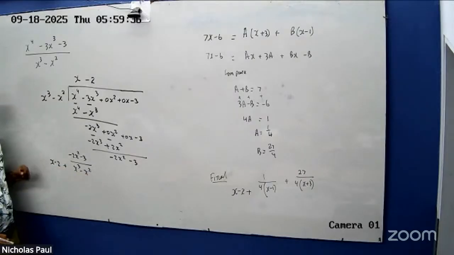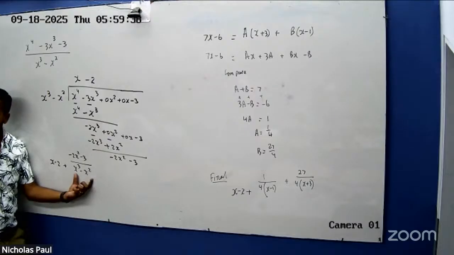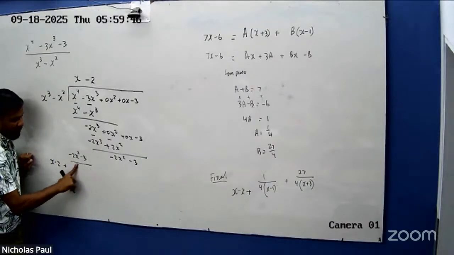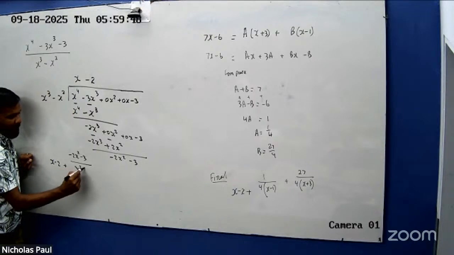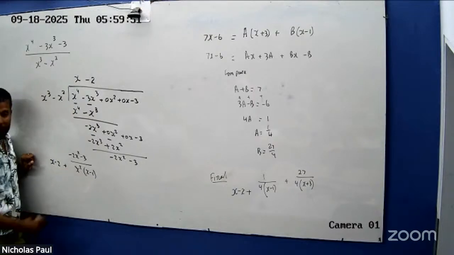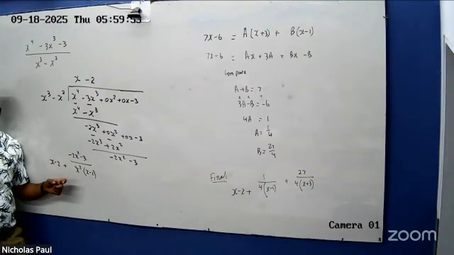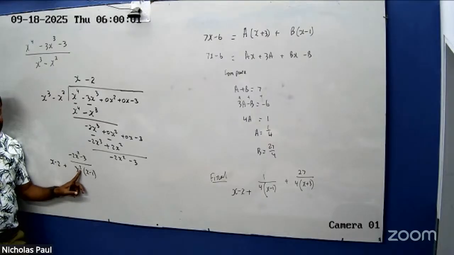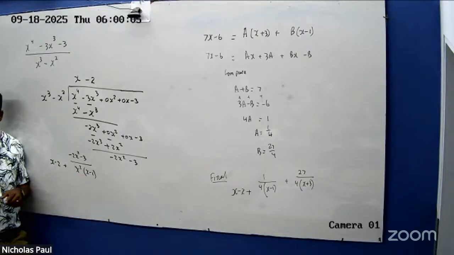Did I ever teach you a cubic denominator? So what should you do? Factor out x squared. Should I use a quadratic here because it's x squared, or should I use a repeated linear?